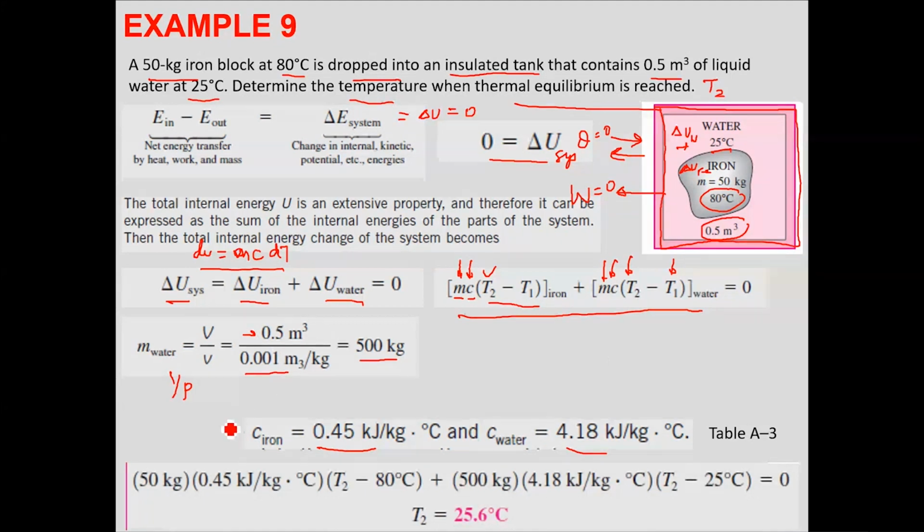Mass was known, C of iron was known, T2 was to be found out, T1 for iron is 80 degrees centigrade. Similarly, mass for water is 500, C value is 4.18, T2 is the final equilibrium temperature and T1 for water is 25 degrees centigrade. This gives you the final temperature as 25.6 degrees centigrade.